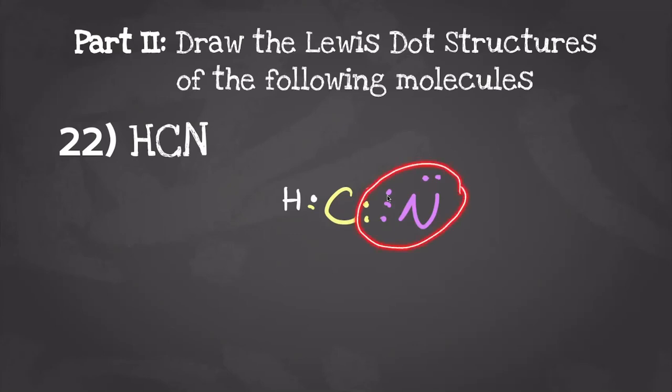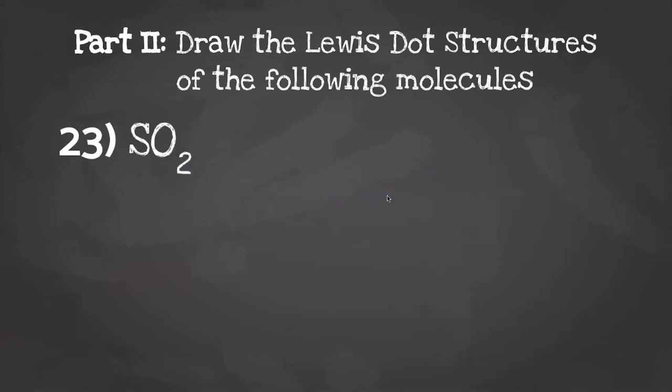My nitrogen is going to have 8 in total, carbon is going to have 8, and hydrogen is going to have 2. They're all going to have a full shell. Now, just to make things a little bit neater, I'm going to move these electrons to this side.